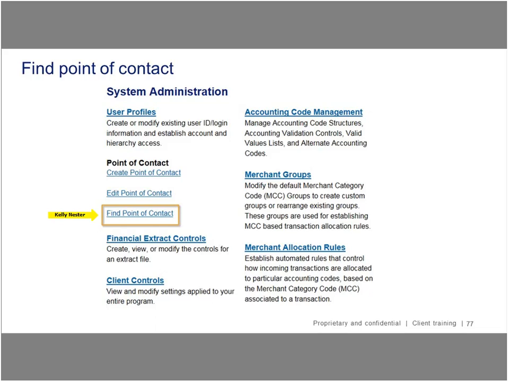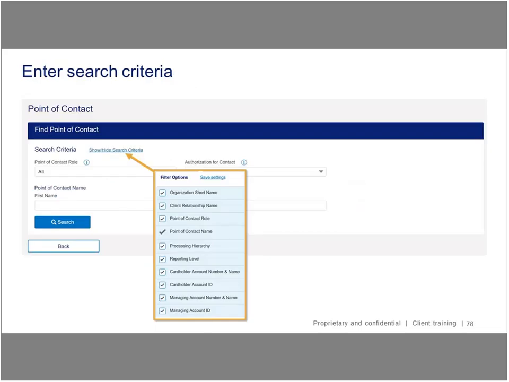All right, so if you wanted to find a point of contact, let's say that you wanted to contact an administrator for another part of your organization, or if someone is going in and trying to find you as the point of contact, once they click this link, they'll see a search page. They could just leave all this information blank and hit search and see a full list of points of contact for the organization.